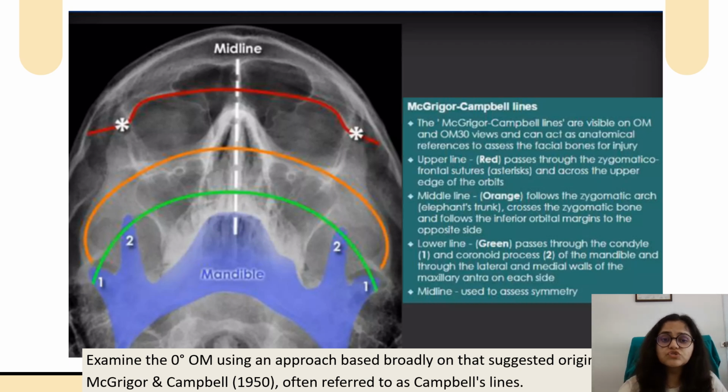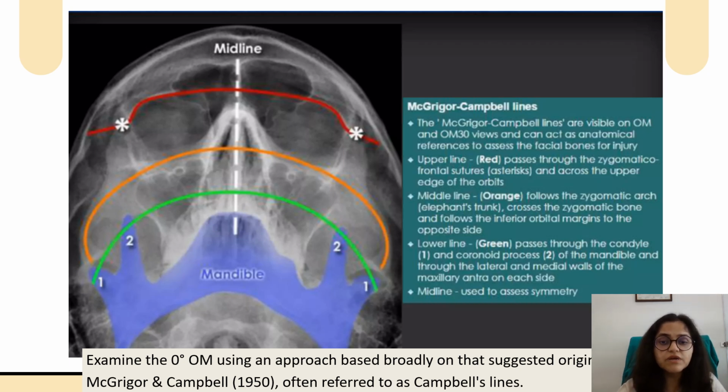This figure shows the various colored lines which are useful in determination of anatomical references to assess any facial bone injuries. These are Campbell's lines, which have been denoted by the colors red, orange, green. The red is the upper line which passes through the zygomaticofrontal suture and across the upper edge of the orbit.